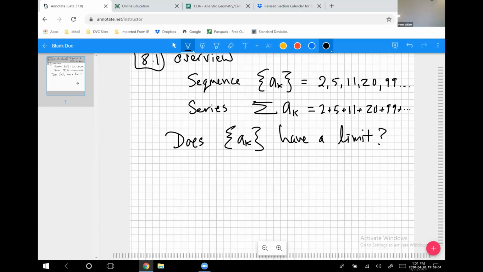So for an example, if I had a sequence where my numbers were k over k plus 1, so I'm using the set notation.